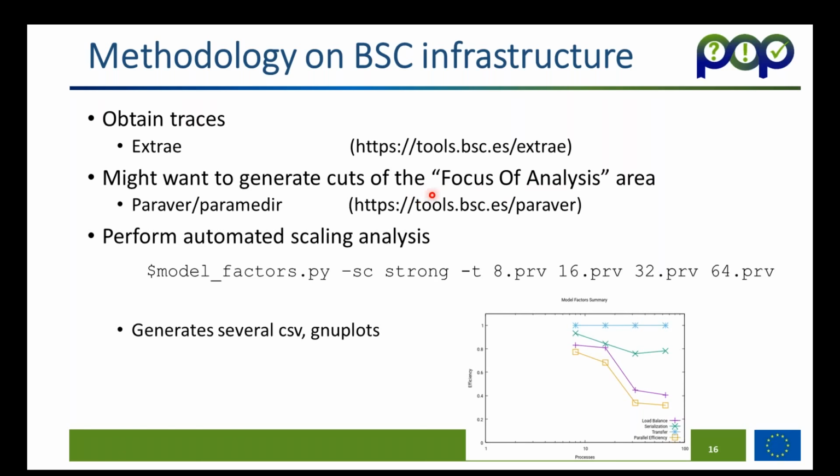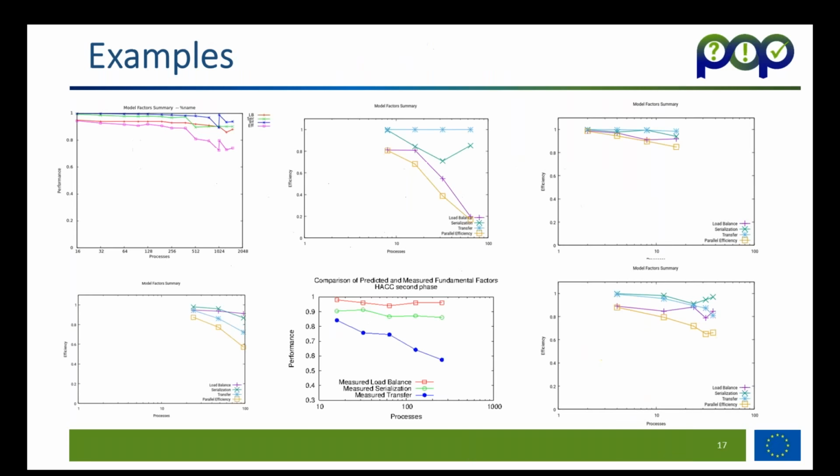Then you have a script, in our case an automated mechanism, where you say, I have these traces for these different core counts, and the script generates these parameters, which you can plot, for example with gnuplot, showing the parallel efficiency, which in this case decreases as a function of core counts, mostly because of load balance, with some contribution of serialization, and in this example with an irrelevant contribution of transfer, which is essentially ideal over the whole range of explored core counts.